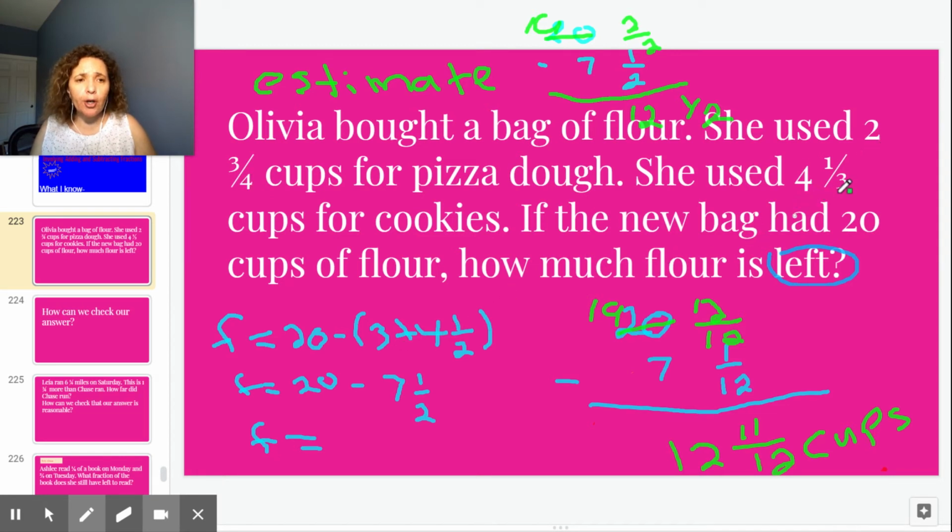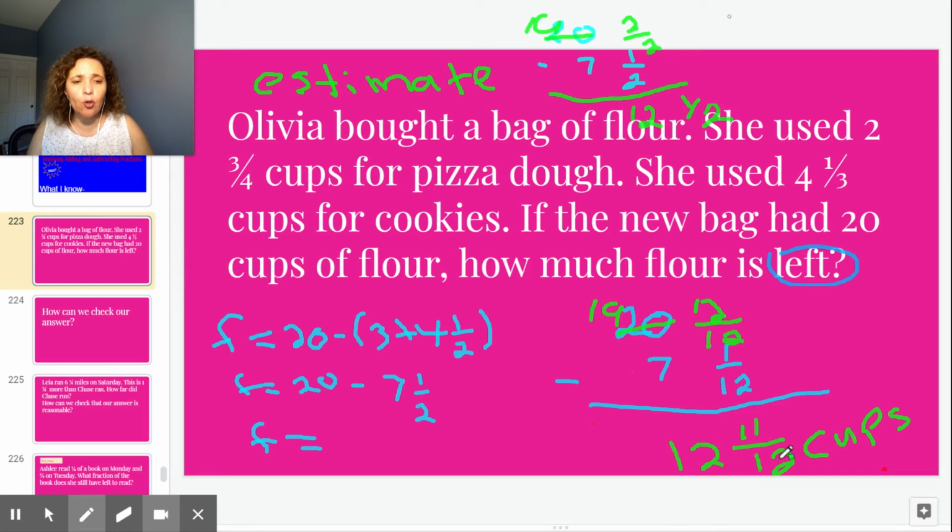And then the 4 1/3, it's close to 4 1/2. But I think they wanted us to go down to 4. But anyways, I did 4 and a half. So then I added together 3 plus 4 1/2, and I got 7 1/2. So then I got 20 minus 7 1/2, and I did it over here, and I got 12 1/2.